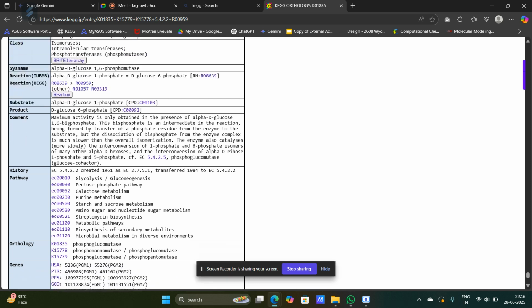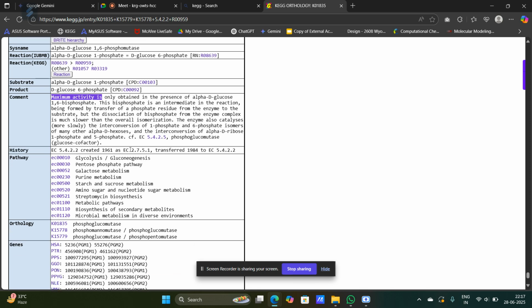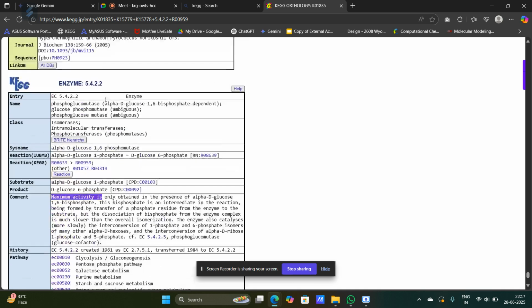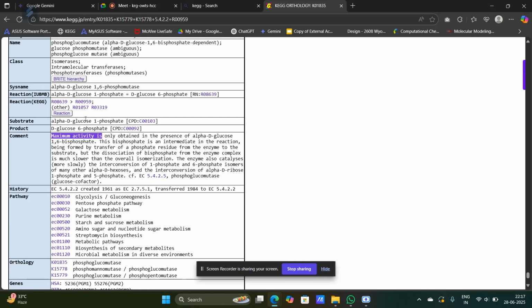And then there is a comment related to the enzyme, and it says maximum activity is only obtained in the presence of alpha-D-glucose 1,6-bisphosphate, and this is an intermediate in the reaction, formed by a transfer of a phosphate residue from the enzyme. You can read this, it is some information related to the enzyme again.